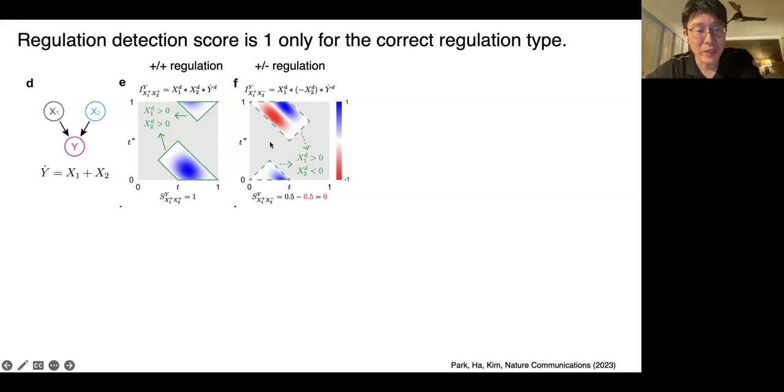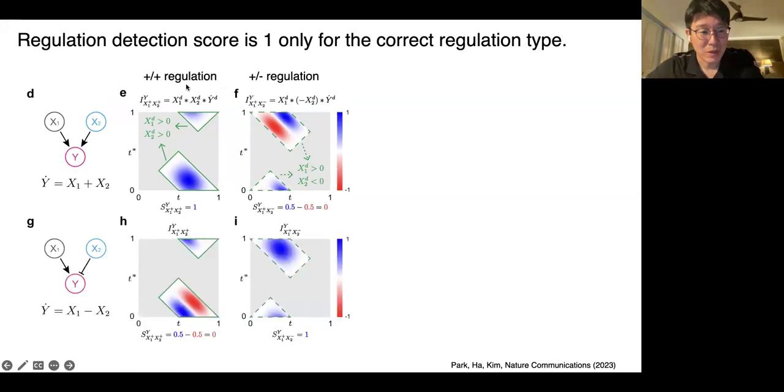So by just drawing this kind of regulation detection map and looking at when it is always blue, we can decide the type of the regulation. For the plus minus regulation, you can see that the plus plus regulation detection function is a mixture of blue and red, but for plus minus it becomes always blue.